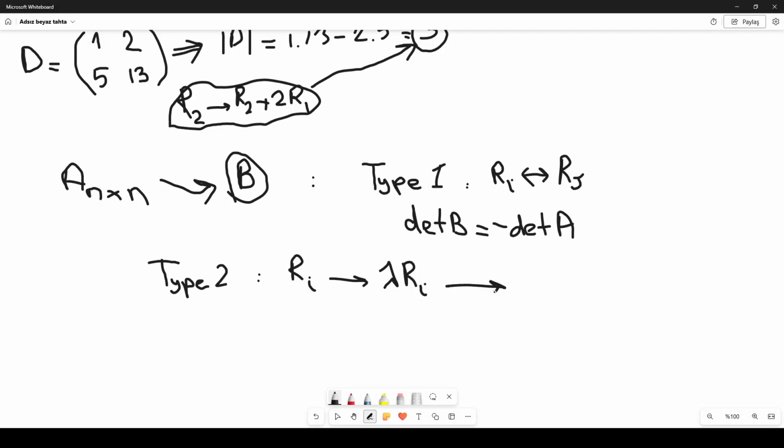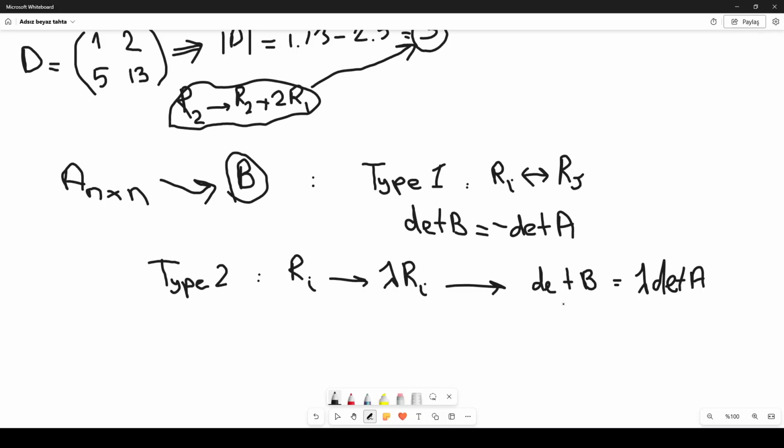If we perform this elementary row operation, then the determinant of B is equal to lambda times the determinant of A. The determinant of A is what we are looking for, so we divide both sides by lambda, the scalar that we multiplied the row by.